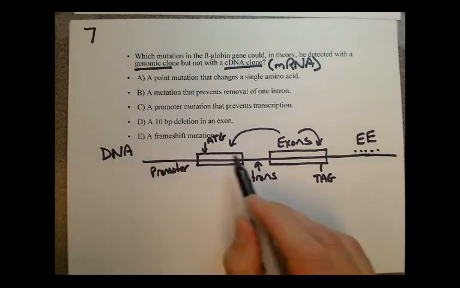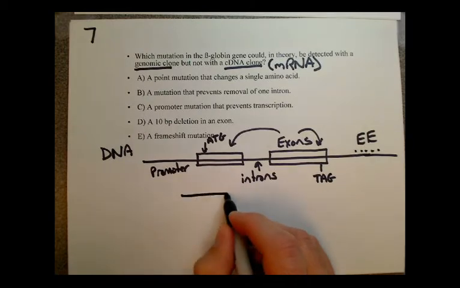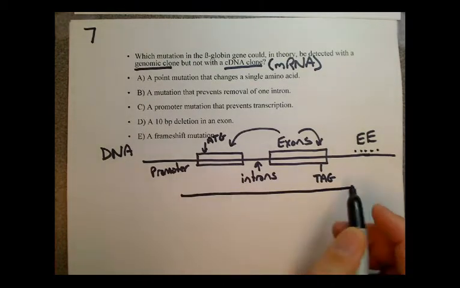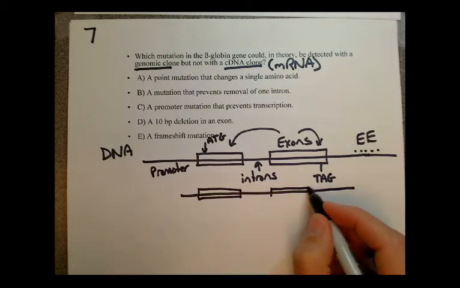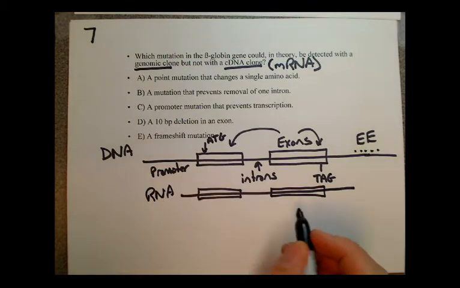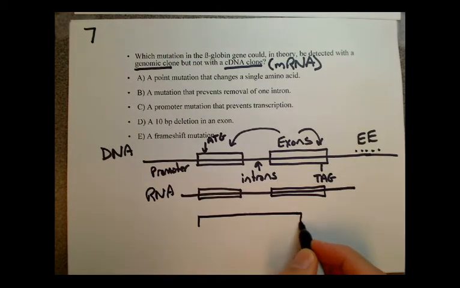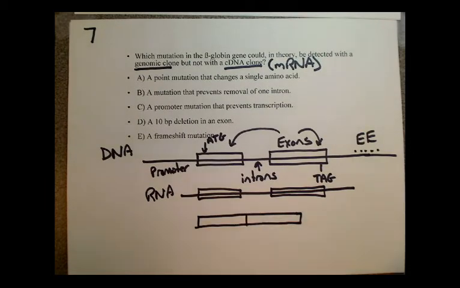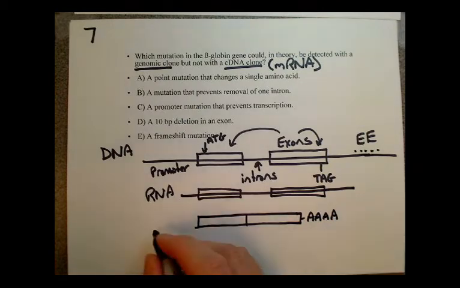So whenever this is transcribed into an RNA, initially it's made into an RNA molecule that contains both the introns and the exons. But then this is going to get processed to remove those introns and add a poly-A tail to give you a mature messenger RNA.